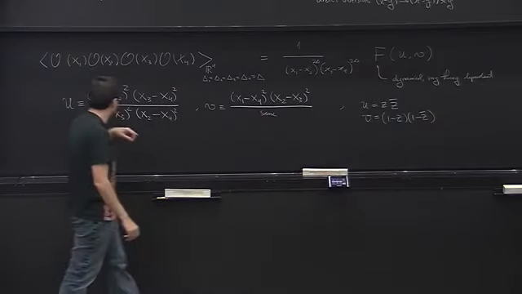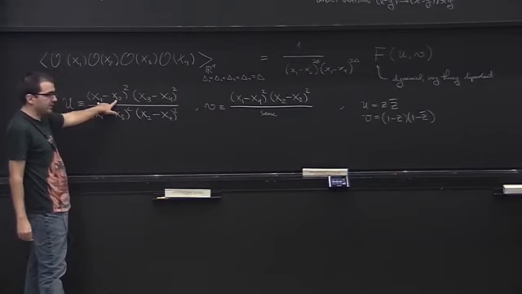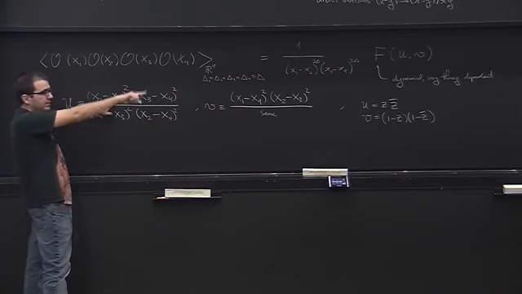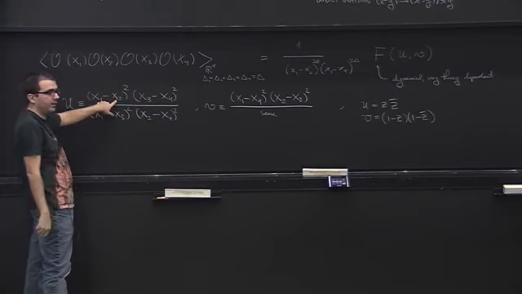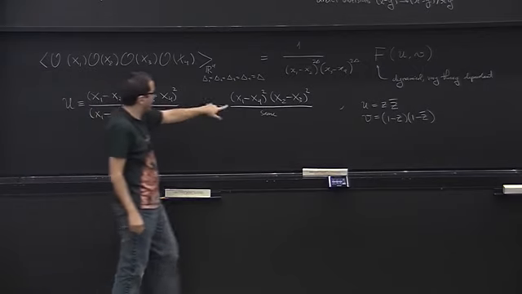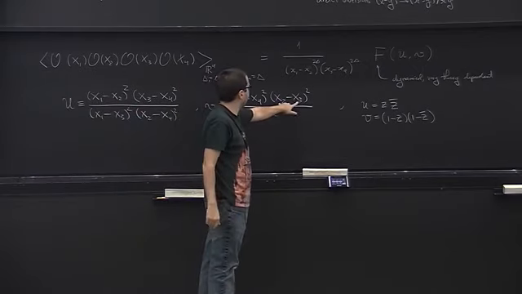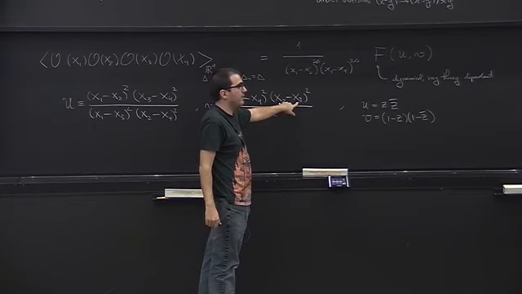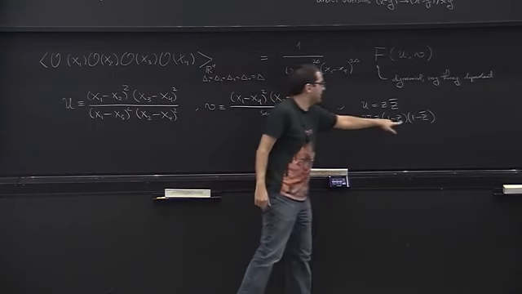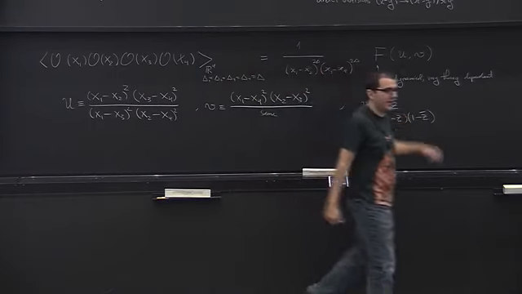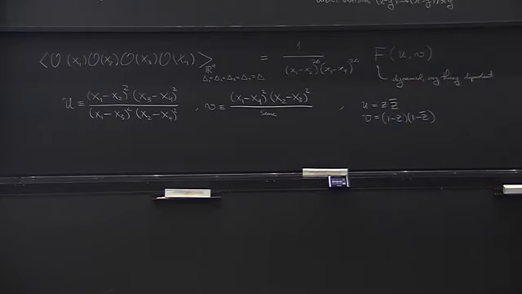I think it's more or less obvious, you see. x1 minus x2 is the distance from the origin. That point is at z, so the distance from the origin squared is just z times z bar. And x2 minus x3 is the distance from point 1, and that is 1 minus z times 1 minus z bar. And the other factors, you can easily see that they just drop out.